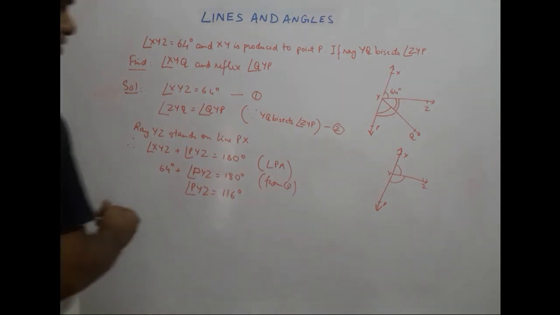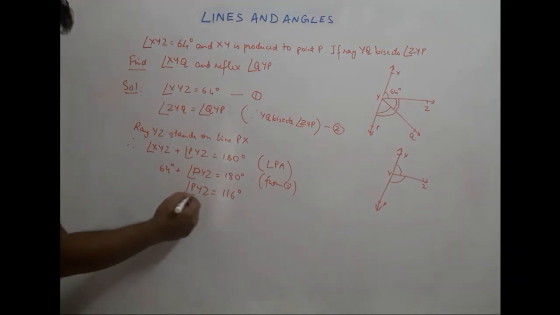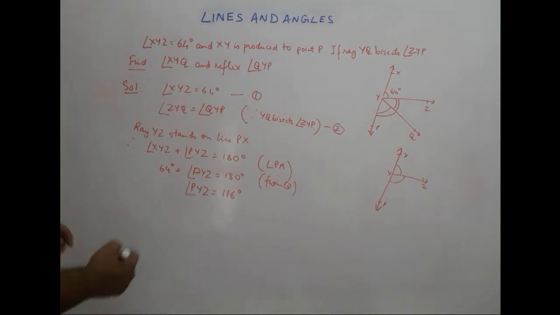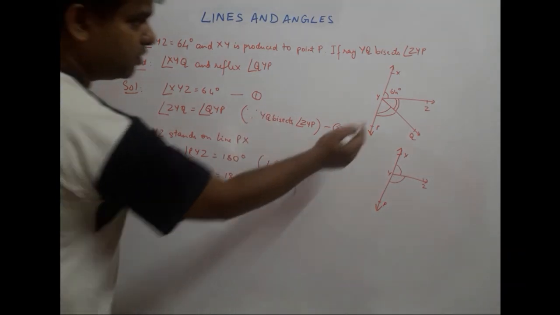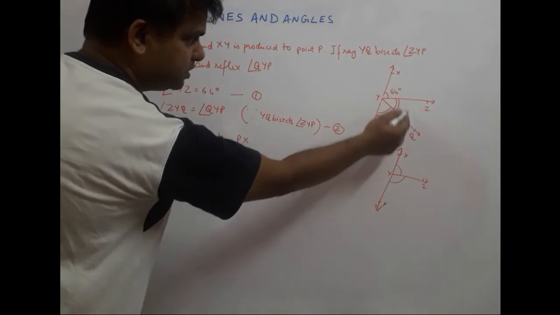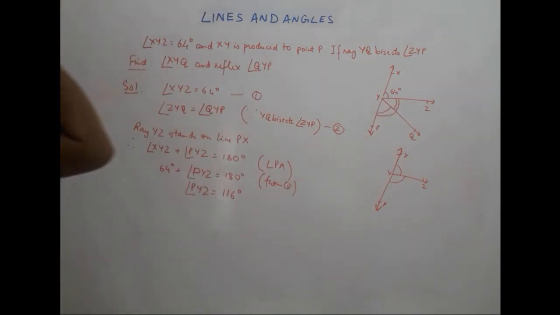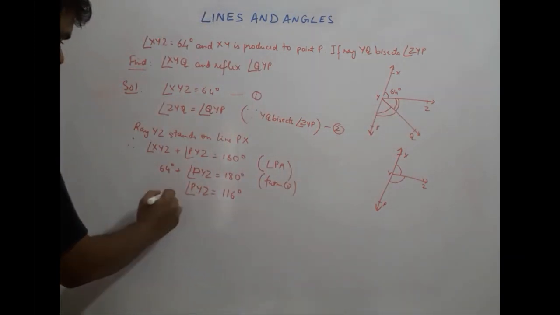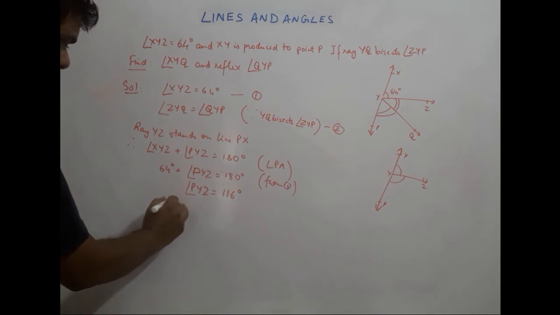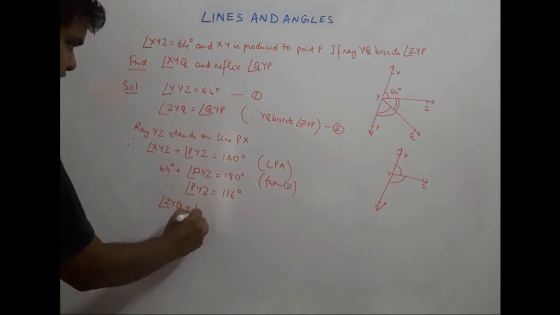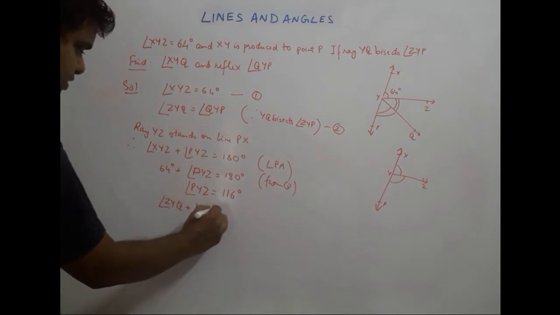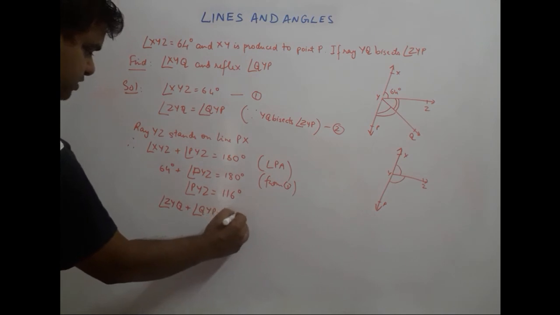Now angle PYZ can be written as the sum of these two equal angles, so ZYQ plus QYP equal to 116 degrees.